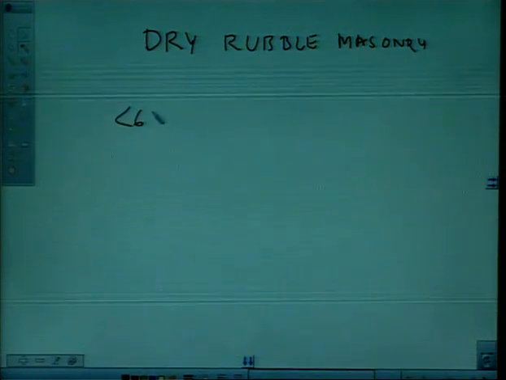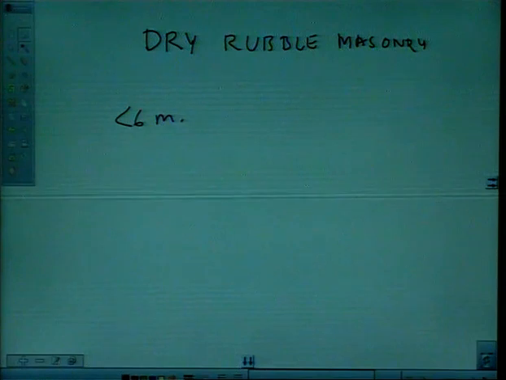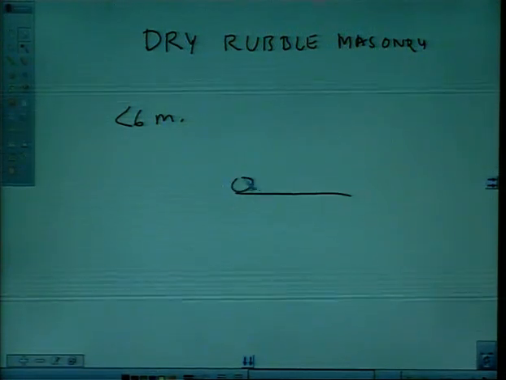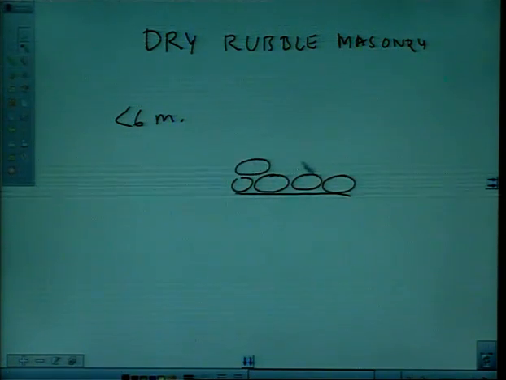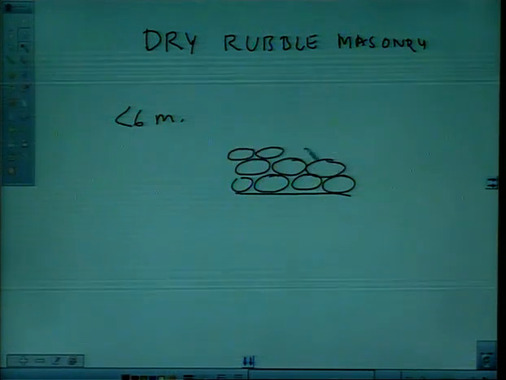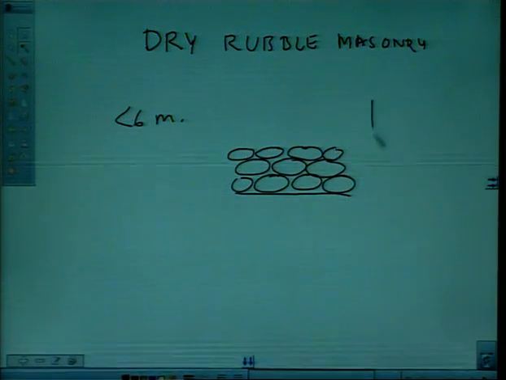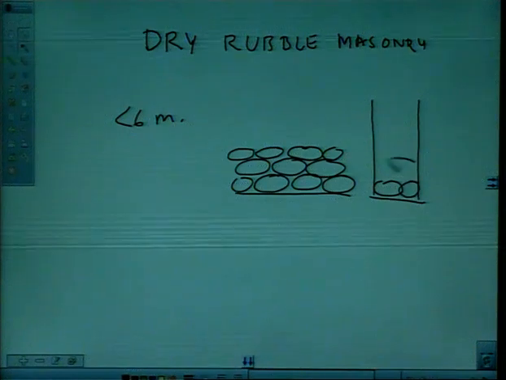So, if the wall height is less than 6 meters, then we can use dry stones placed one above the other. And if you see the section, it can be like this one.